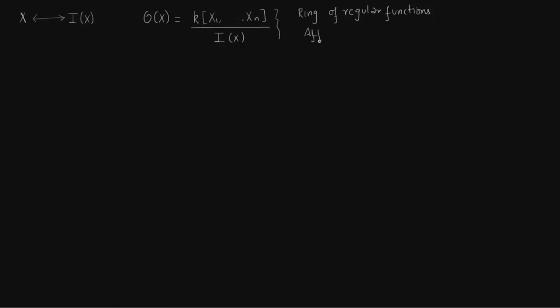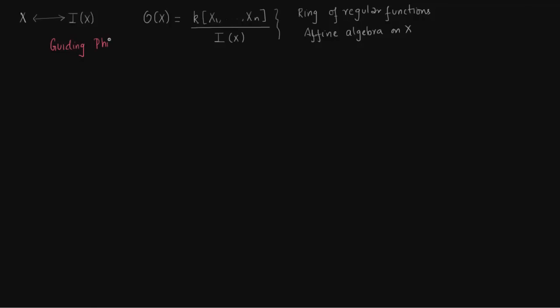Rings of this form, where you have k[x1 to xn] and then you modulo out with an ideal, or just leave it like this, are called k-algebras of finite type. So O(X) is an example of a k-algebra of finite type. This is important, and therefore I'm going to write it in red. So the guiding philosophy is this.